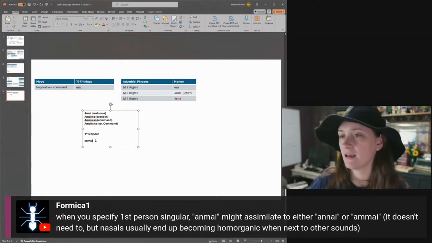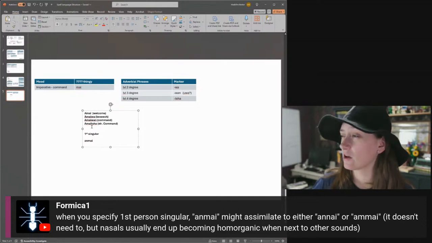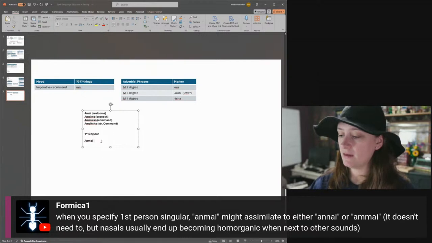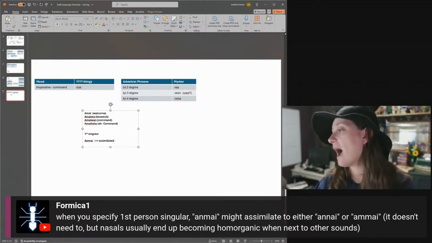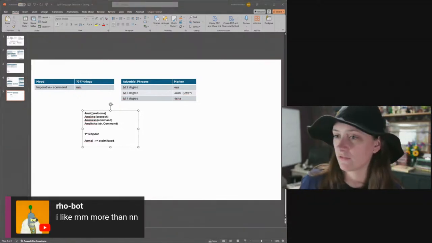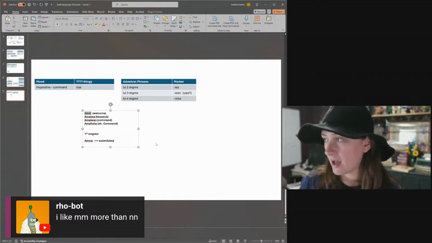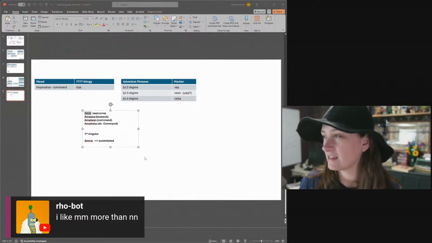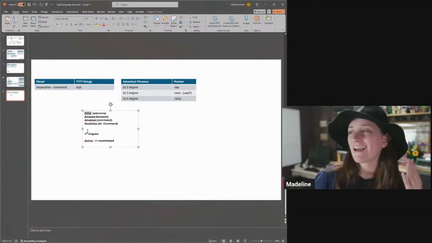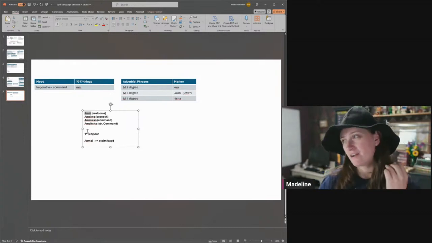Anmai, and I could see it probably being anai because otherwise you're just putting an extra M and a slightly longer M sound. Although I feel like that could be confusing. So maybe. Yeah, I like the MM more than the NN, but I think it's not super distinct, because then it's going from amai to amai, which is just two M sounds, and I feel like it's not different enough. I don't know. I feel like it needs to be clear, especially since I'm one of those people who reads very fast.